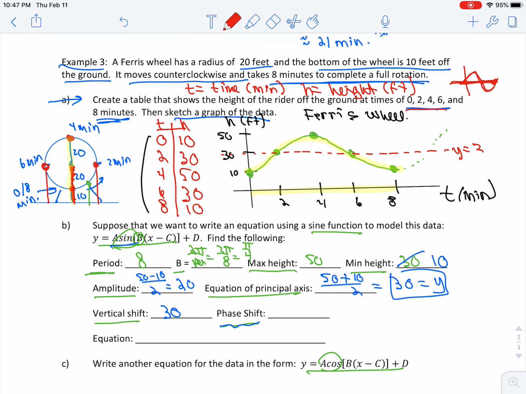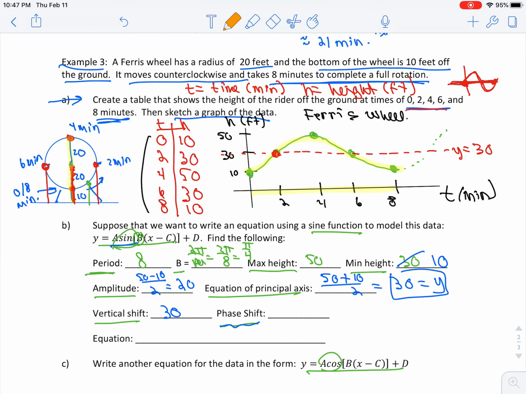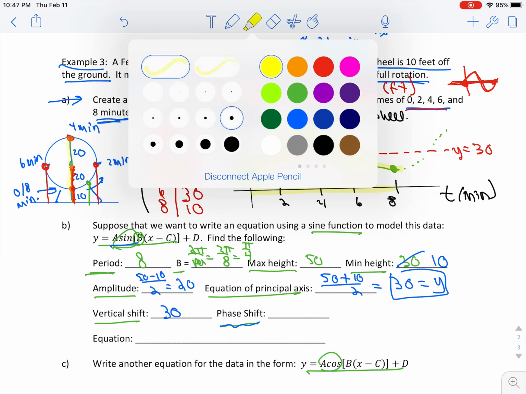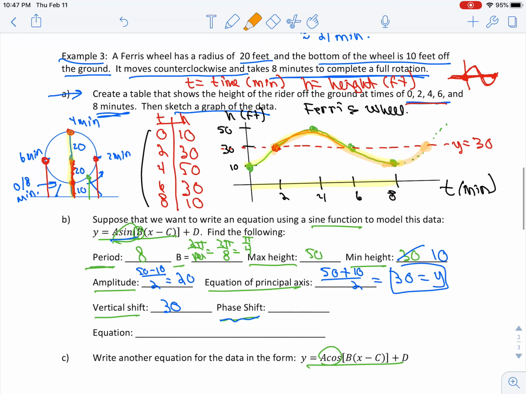That's our y equals 30. And because our sine function starts right here on the principal axis, if we come across here, this would be a good starting point for a period of the sine function. So it's going up, coming back down again. I picked that. And then we presume that it's going to continue on like this. So we can kind of take that piece of it.